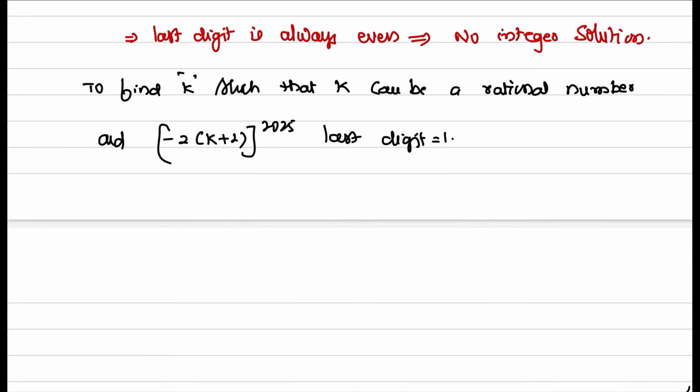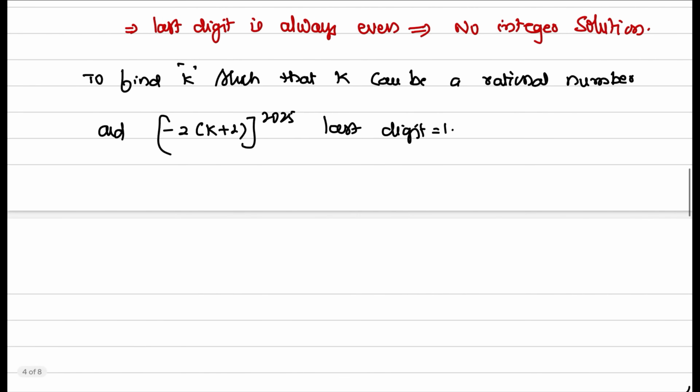This is our next step. If k is a rational number, if there is any solution, let us see. Integer solution is not there.